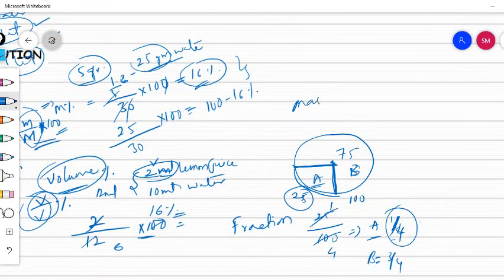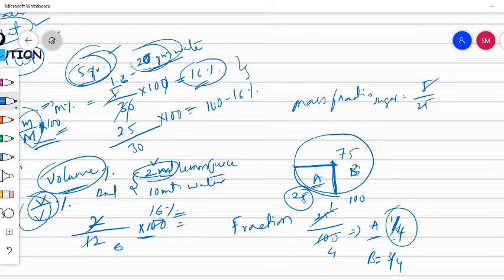Let's say in the earlier example I have taken 5 grams of sugar and, let's say, 20 grams of water. So the mass fraction of sugar is 5/25, so it is 1/5.